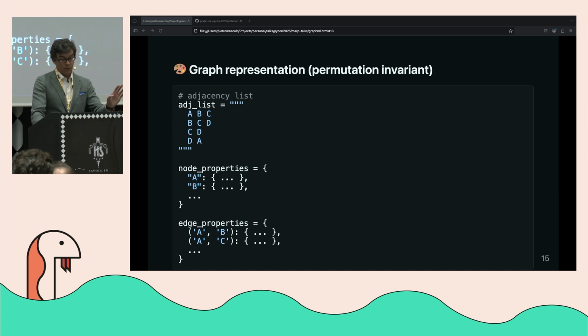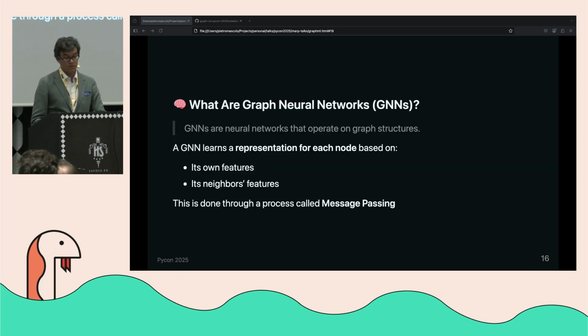Okay, we just had a quick look at how to represent the graphs, but how do we use them in an actual problem? How do we use them in a mathematical sense and in a programmatic sense to solve problems? There are many simpler types of algorithm, but for today we're going to focus on what is called a graph neural network. A graph neural network is exactly what it sounds like. It's a neural network that, instead of acting on tabular data or on sequences or on images, acts on a graph.